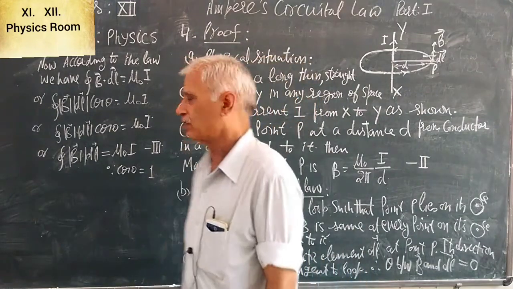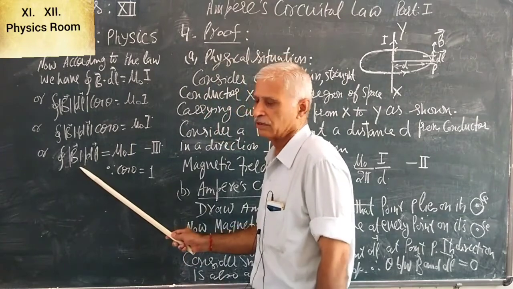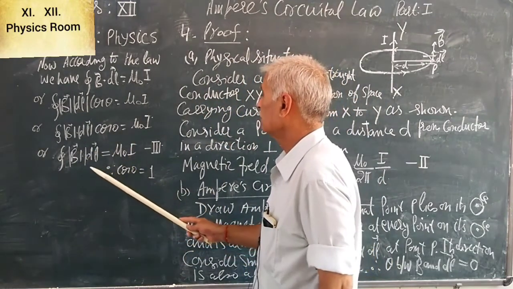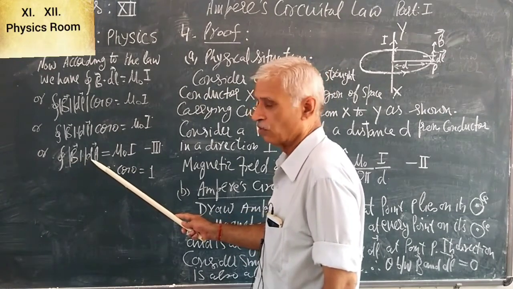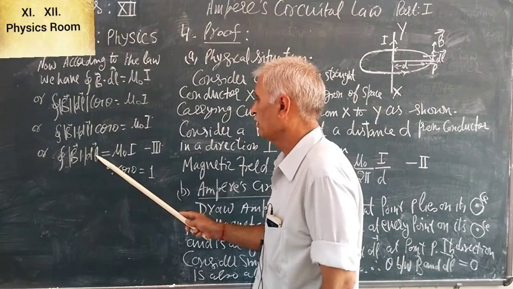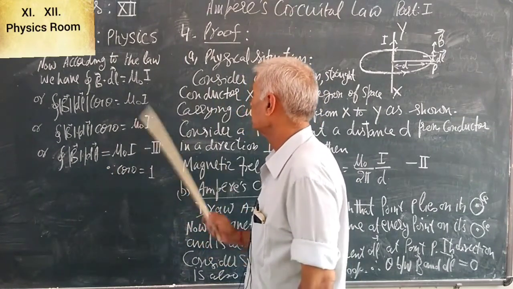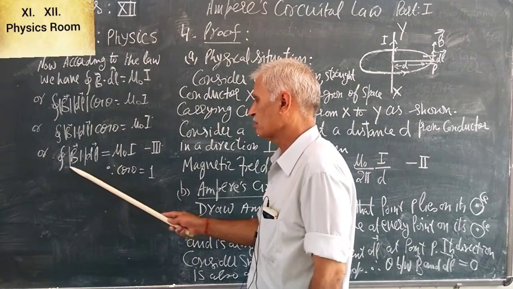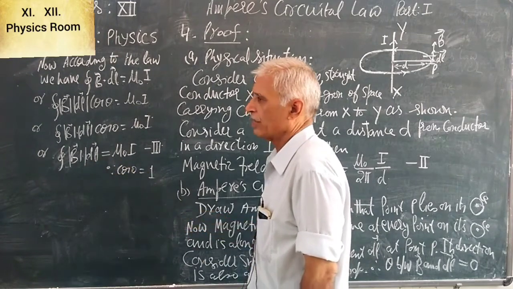And now we are to evaluate this expression. We substitute the value of B from here and integrate over the whole loop length, 0 to 2 pi, and we will arrive at the proof of Ampere's circuital law. We will find that the left hand side becomes equal to the right hand side.